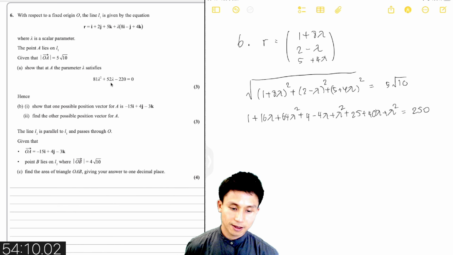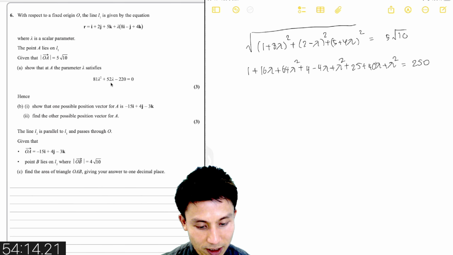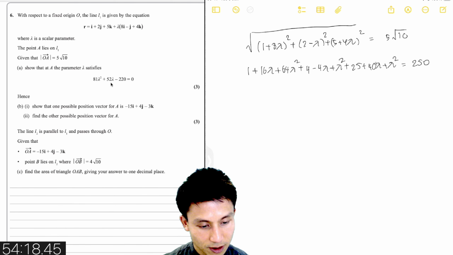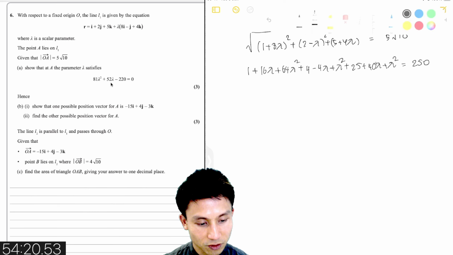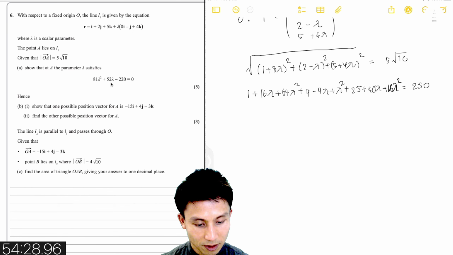Okay. And then adding up the lambda squared, we get 81 indeed. What's that? Oh, hang on. I swear I wrote that. Okay, so this is 16 lambda squared, or maybe I didn't. So I get 81 lambda squared here.